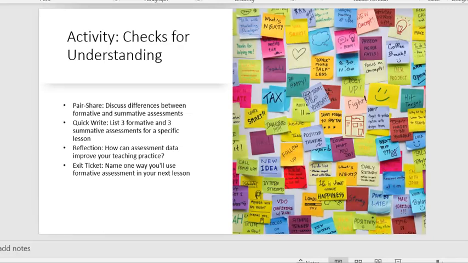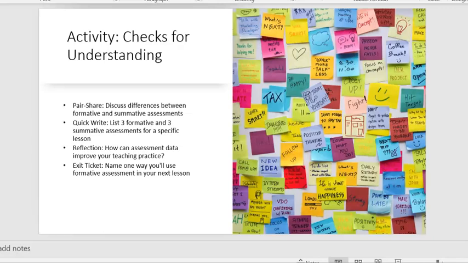So this is something like checks for understanding. So if at the end of this lesson we were teaching live, these are a couple of different types of formative assessments that I could be doing with you in terms of assessing your understanding of the difference between formative and summative assessments. So I could do a pair share where I could pair you up and you could discuss the differences between formative and summative assessments.